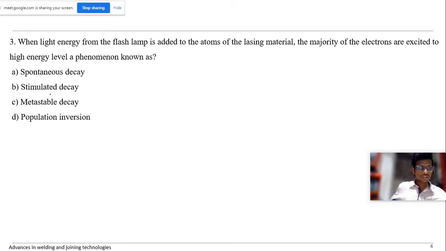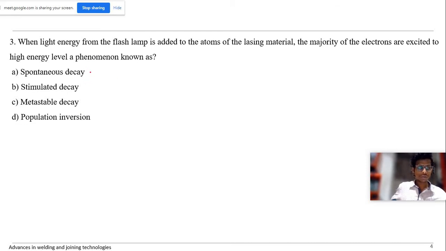Can anyone answer this question? When light energy from a flash lamp is added to the atoms of the lasing material, light energy is added to the lasing material. Because of that, stimulated decay? No. These decays are all related to nuclear decay, radioactive decay and so on.